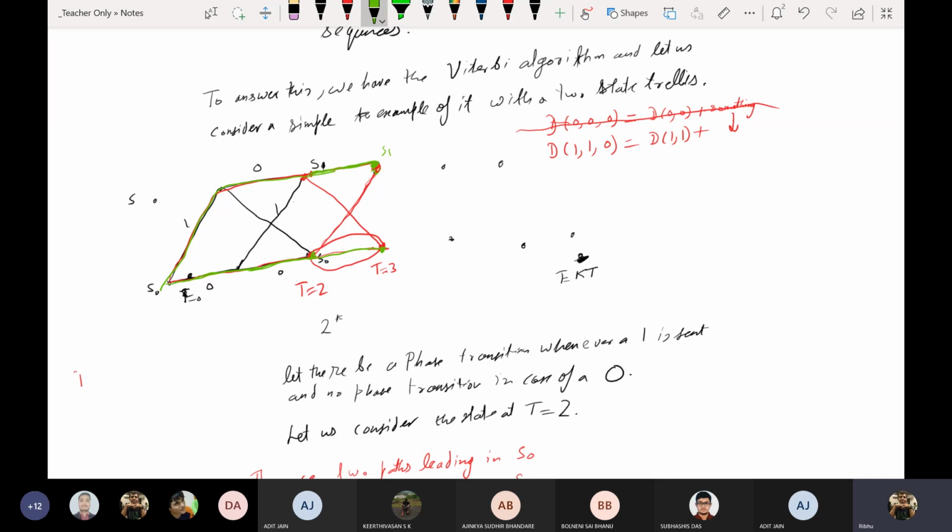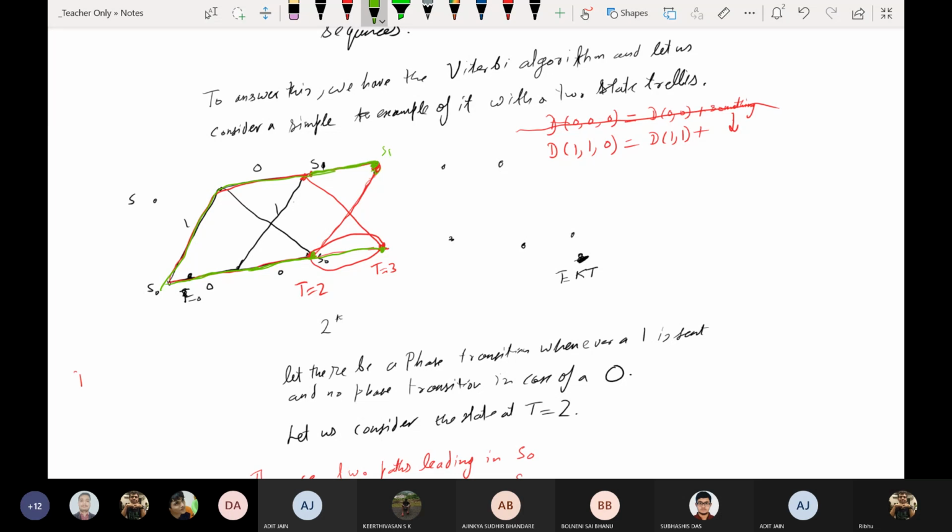So again, at t equals 3, I can reduce everything to 2 surviving paths. Therefore, at t equals 3, you notice that instead of calculating 8 possible paths, I have just had to calculate 4 possible paths. Agreed?